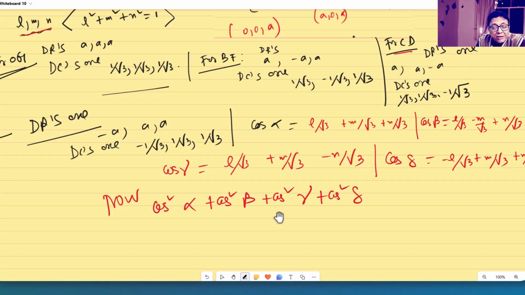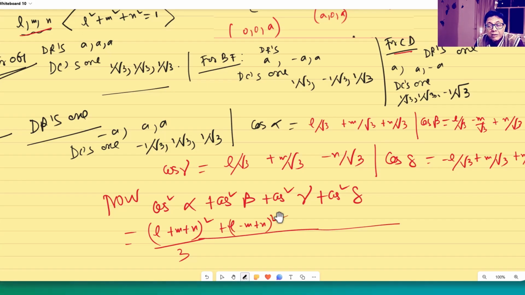This will be L plus M plus N whole square by root 3 square is 3. Cos square beta going to be what? Again by 3. And this one by 3 again.